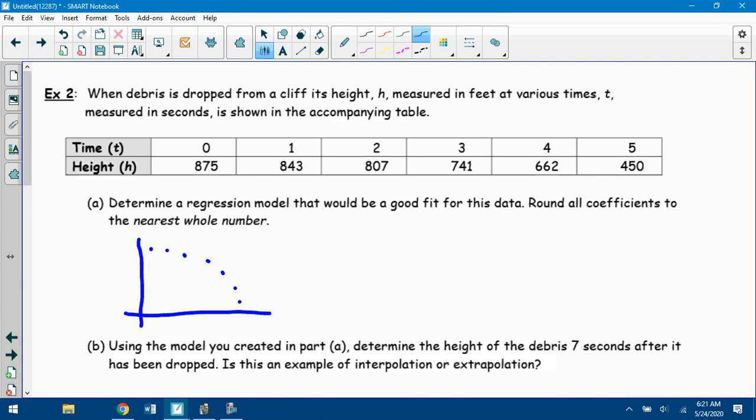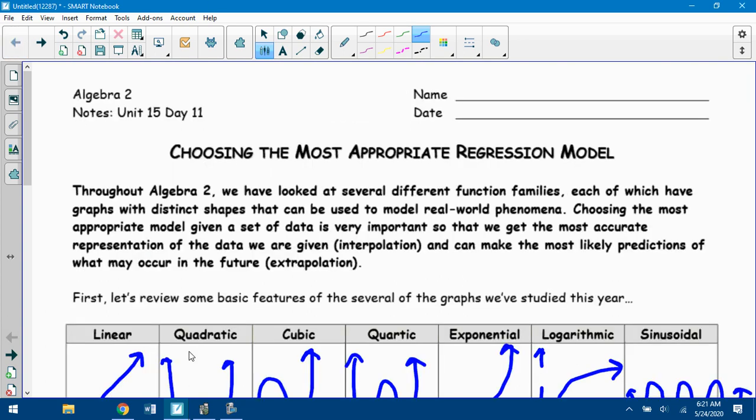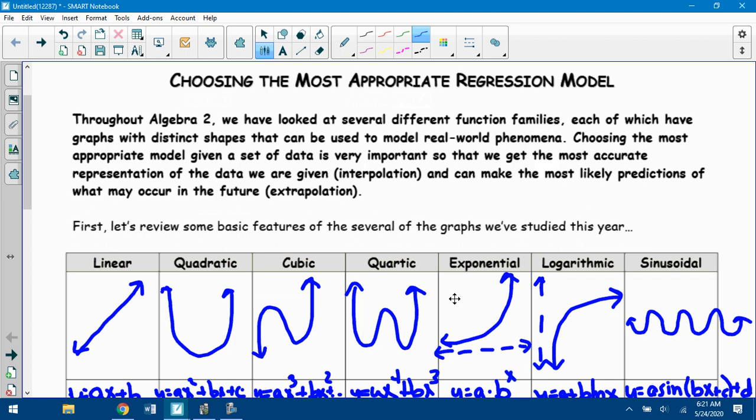Is it exponential again? Potentially. There could be an asymptote up here. So I could see exponential being an option. Which other shape do you think it could be? Maybe logarithmic, if it kind of went the other way. Or it could be quadratic. Remember, quadratics could flip upside down.